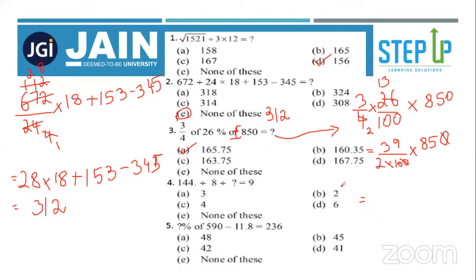Okay. The next one, 144 divided by 8 divided by question mark equals 9. 144 divided by 8 divided by question mark.